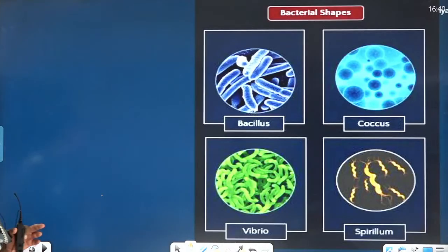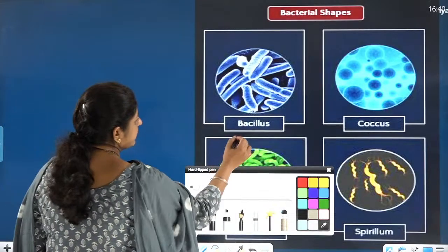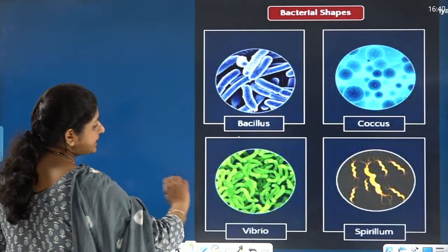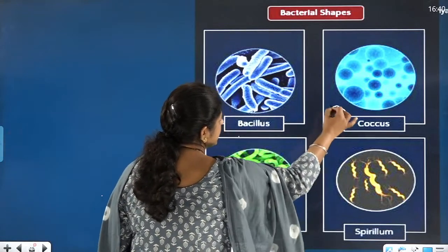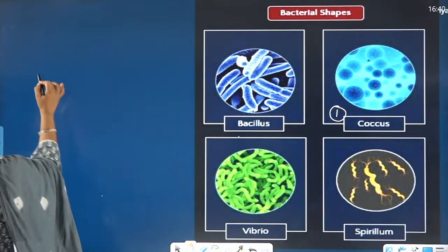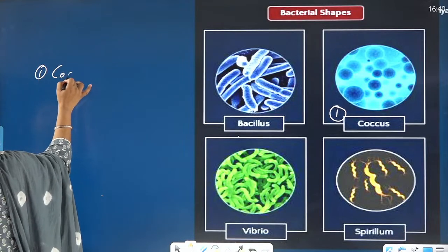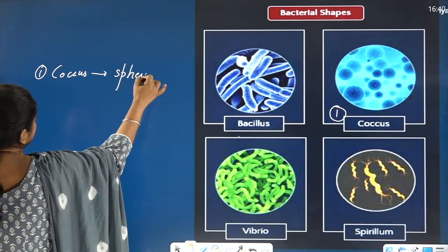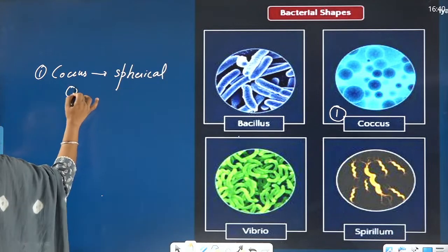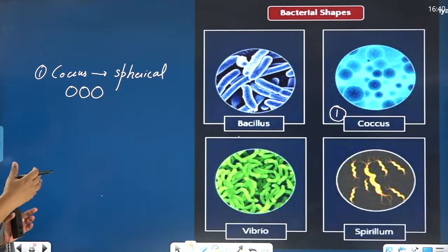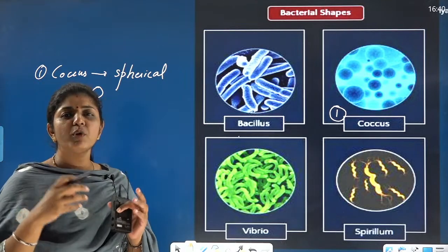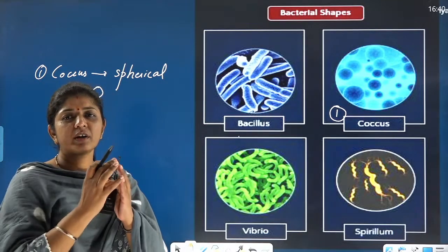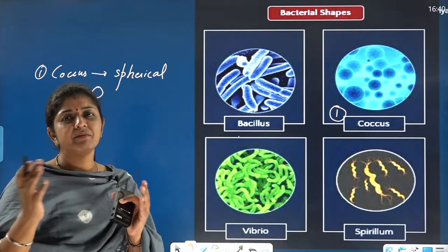These are the 4 categories. The first one, I am taking as coccus, right? So first is coccus form, which is spherical in shape. They are like ball shaped structures which can make a chain, they can make a group of 2 or many, or a cluster of 4 or 8, that varies.